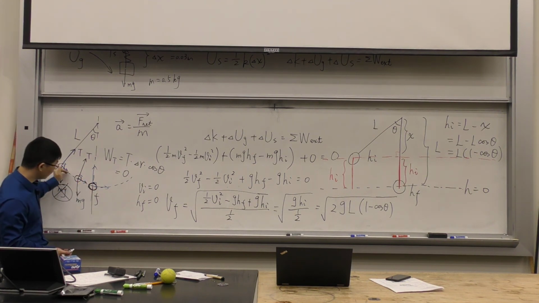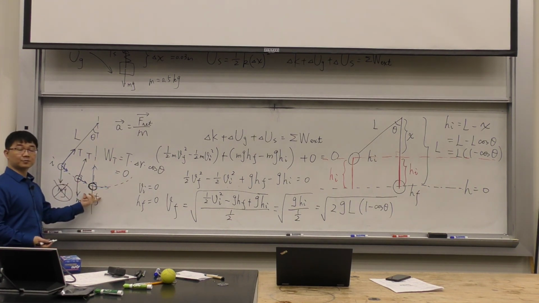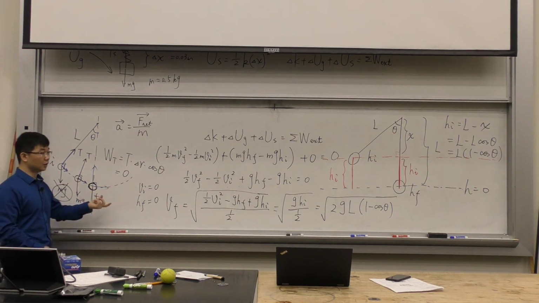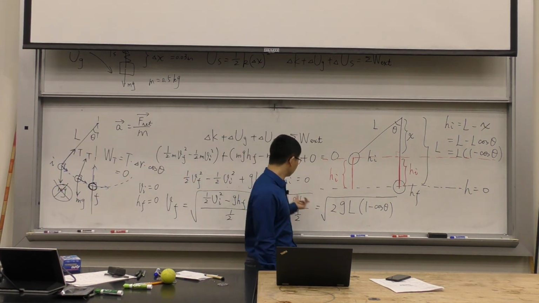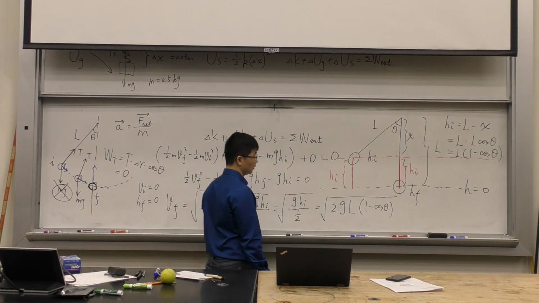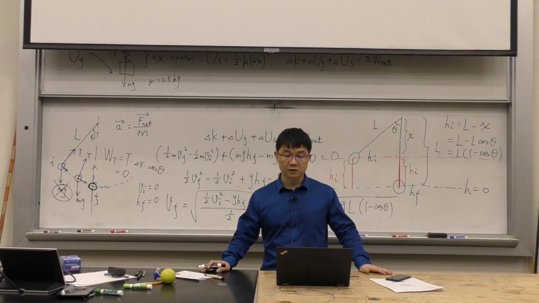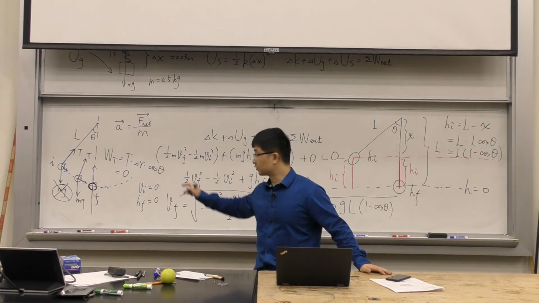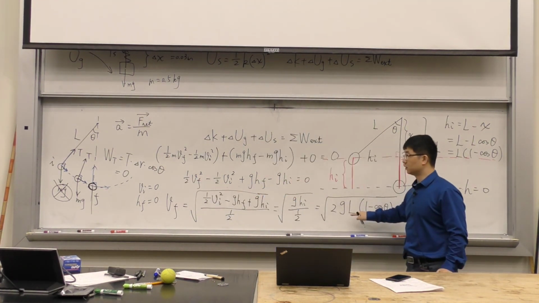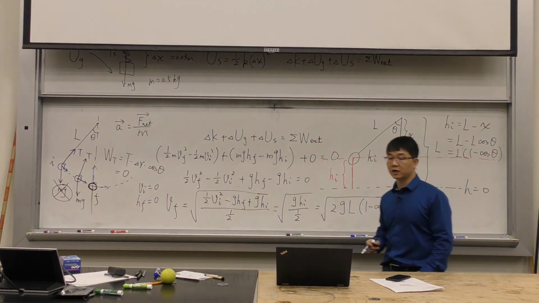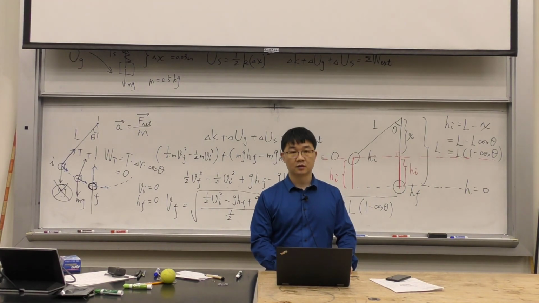Let it swing through the photogate, then compare the speed the photogate measures with this prediction, and you can confirm if this prediction is right or wrong. That's something we can do. We will set up this experiment and test our conclusion. Okay, all right. I'm going to stop here for this video.